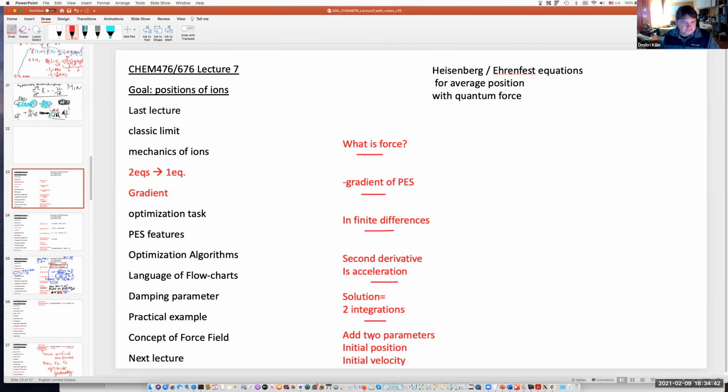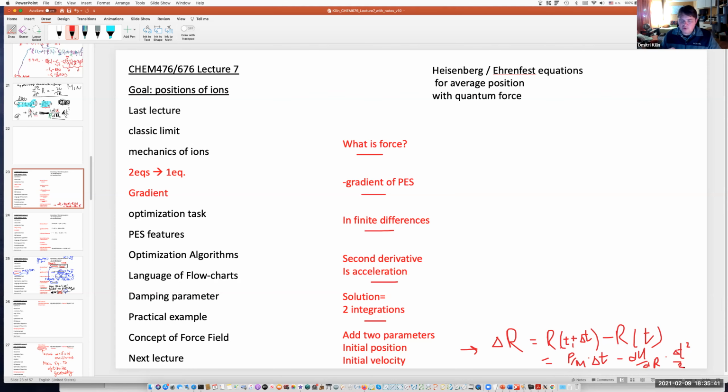And then, here, the change in the position, which means position at time t plus delta t minus position at time t, will be this momentum over mass times delta t minus the gradient of potential in the surface times delta t squared over 2.